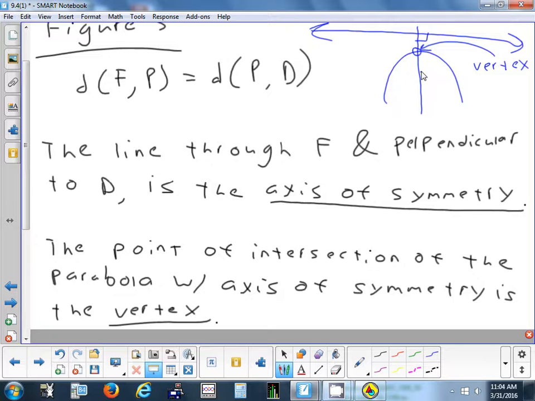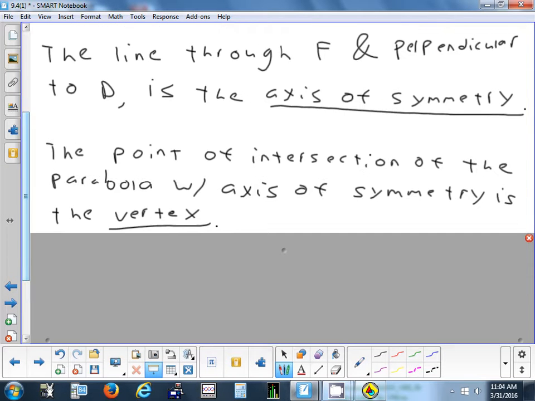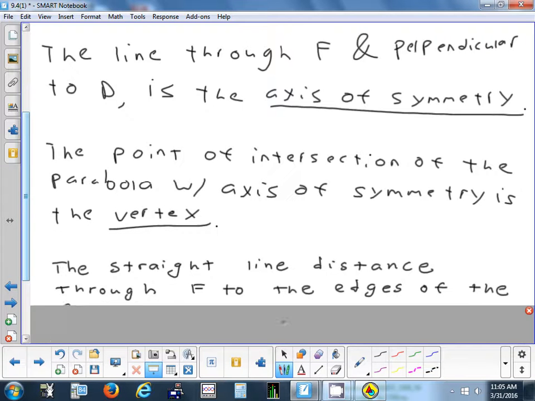Any questions on the definition of a vertex? As we study some other conic sections, you'll see that sometimes you have 2 vertices. In certain conic sections. Parabola only has 1. So we won't see plural today, just a single vertex.